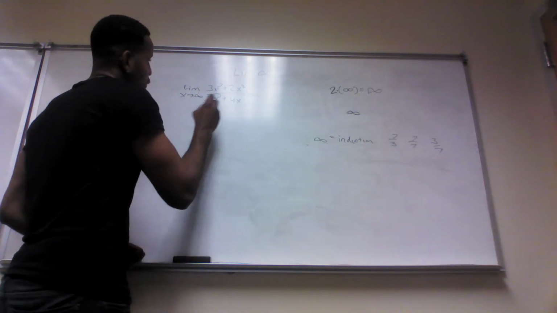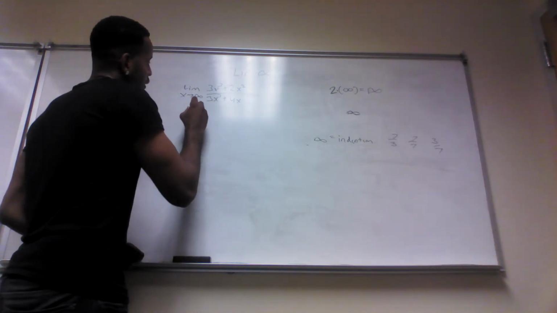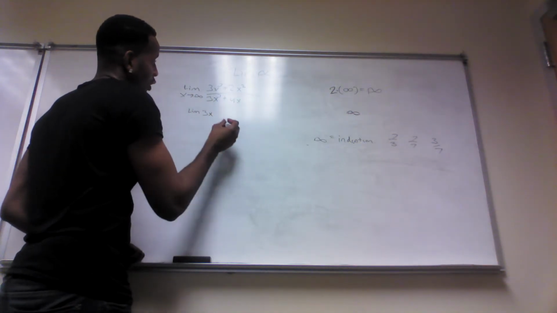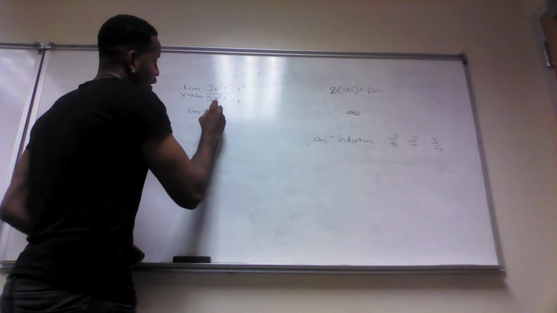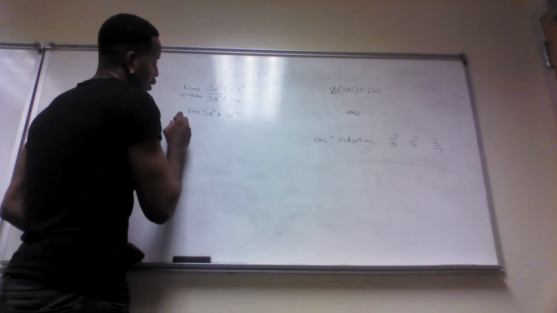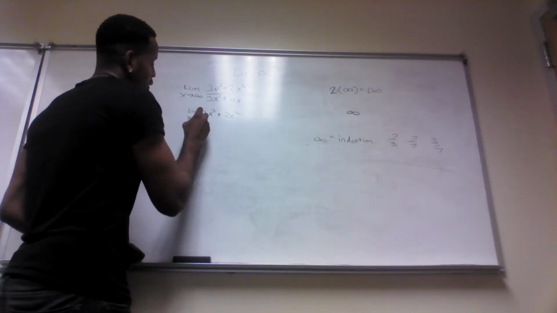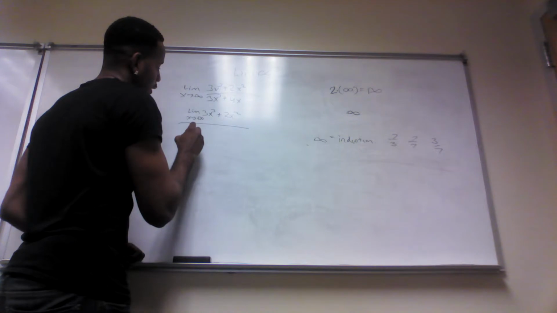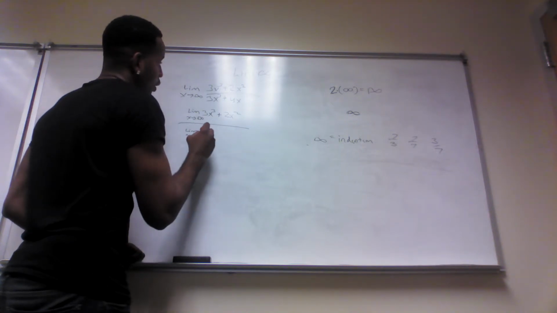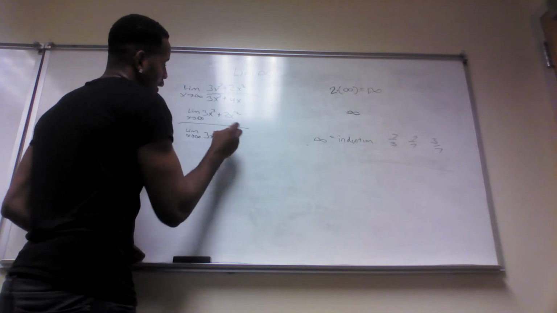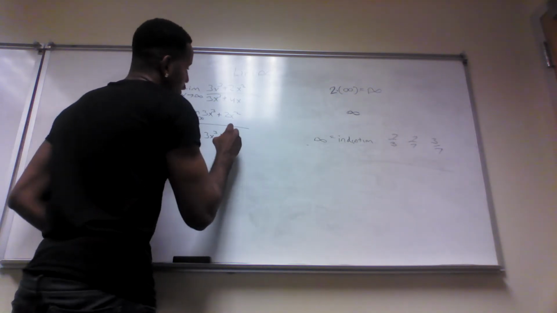If we separate these using the first rule, the quotient rule, we're going to have the limit of 3x cubed plus 2x squared as x approaches infinity, all over the limit as x approaches infinity of 3x cubed plus 4x.